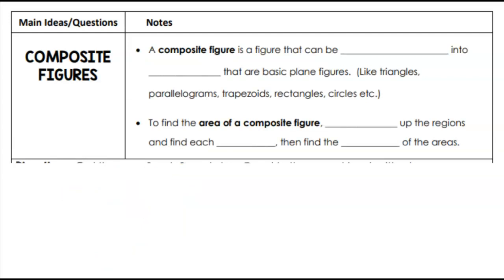A composite figure is a figure that can be separated into regions that are basic plane figures, which are the ones that we were just finding areas of before. To find the area of a composite figure, divide up the regions and find each area.